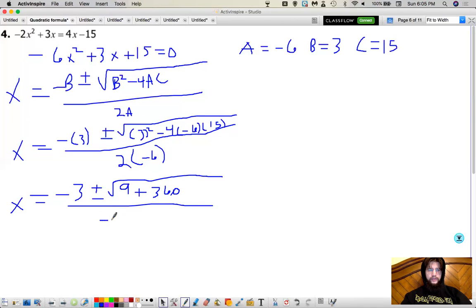There's nothing wrong with grabbing a calculator. I'm just showing your work. It's 369, if my handwriting sucks, which it does.